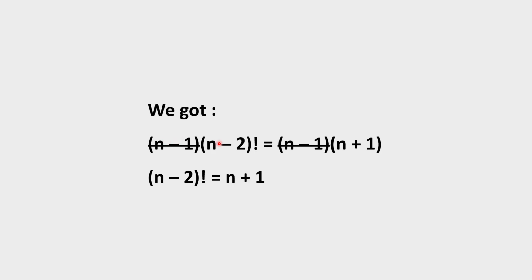So we cancelled out n minus 1 from both sides because n is not equal to 1. So we got (n minus 2) factorial equal to n plus 1. Now we have to find a value of n such that (n minus 2) factorial will be equal to n plus 1.